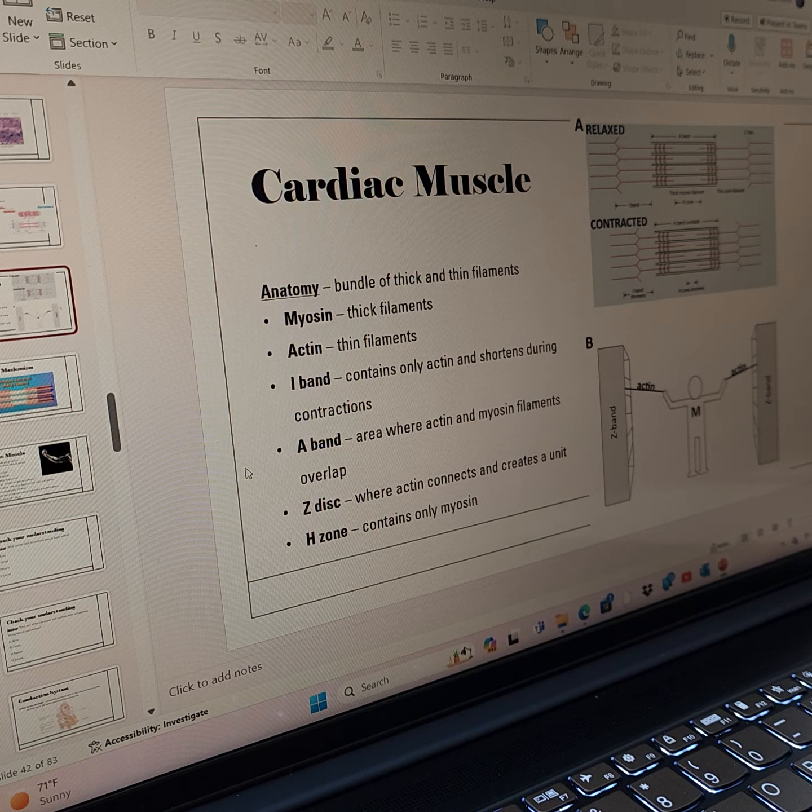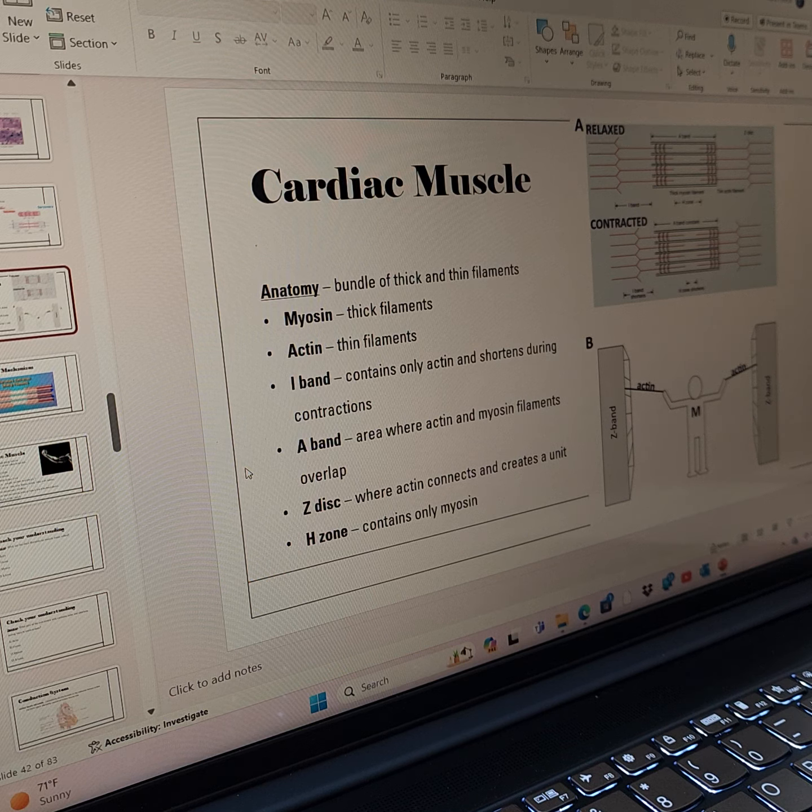So this is the diagram of the person trying to hold up two walls, with the Z bands being the walls, the actin being like the resistance bands, if you will, connecting to our exerciser's body. The M in the middle would be the human body in this diagram, the thick filaments.